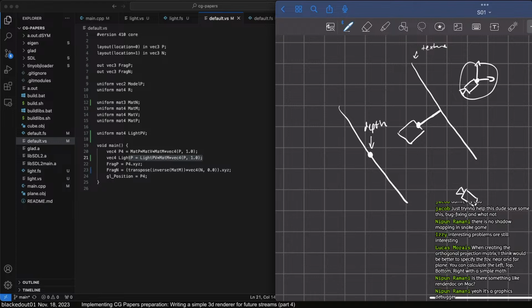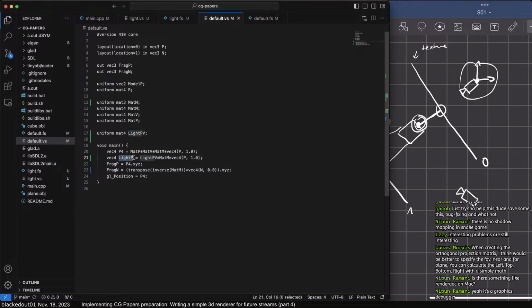And this way we check the depth of this with the depth in the texture, and then we know that this here is actually in shadow, because, if this is depth 0 and this is depth 1, this here is smaller than our depth from the pixel. And that's basically how this works.